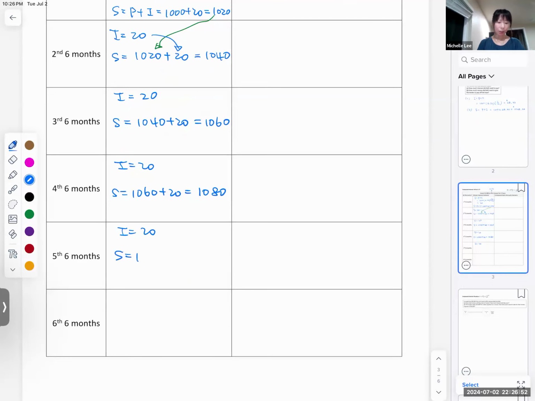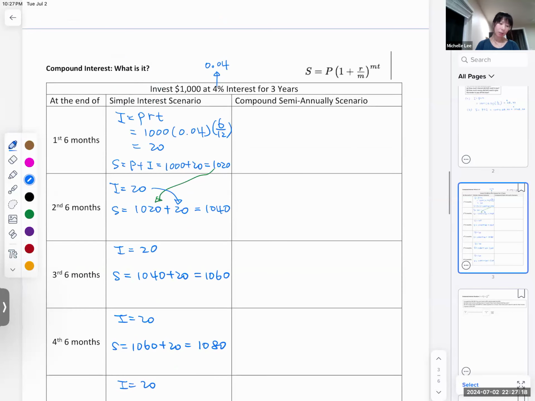S equals 1,080 plus 20, which is 1,100. Okay, I equals 20, S equals 1,100 plus 20, which is 1,120. So this is for 3 years.